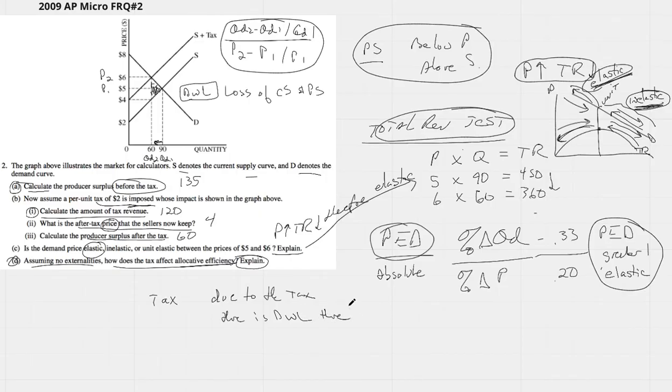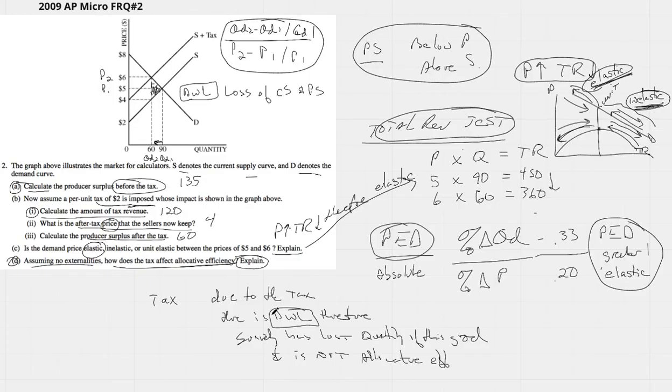Therefore, society has lost some quantity of this good and is not allocatively efficient. That's kind of wordy. I'm sure the College Board actually made that one a little bit better than what I did. I think we have to mention the deadweight loss here.